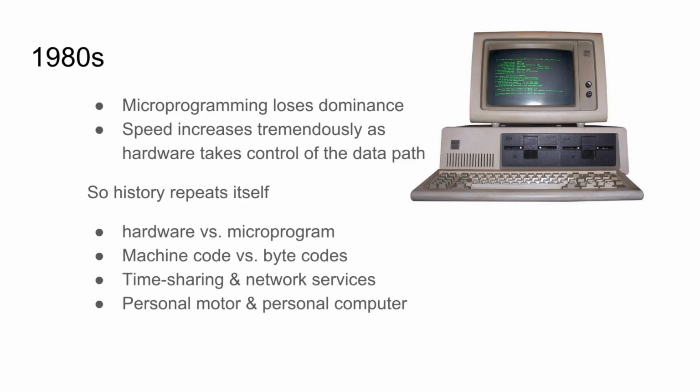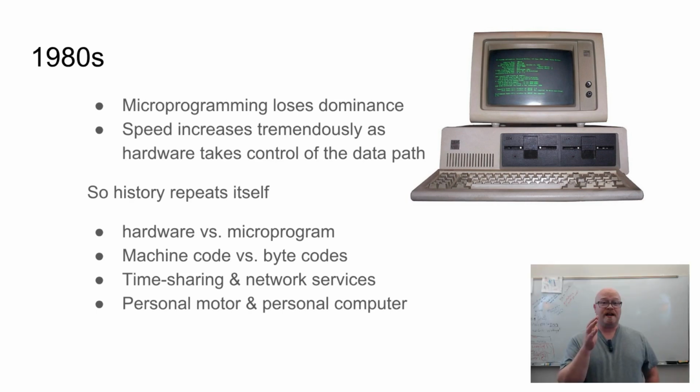Now in the 1980s, microprogramming loses its dominance, right? And the speed of machines increases tremendously as hardware takes control of the data path. One unique thing that happens by the 1980s is we change our ability to manufacture the components of our computer systems. In the 70s and earlier, human beings are putting the wires together.